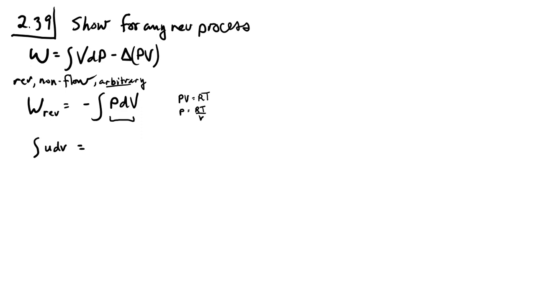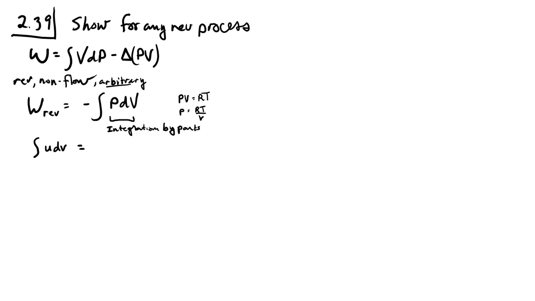And this was integration by parts. Because in this example, we have no idea what pressure is. We have no idea what volume is. So these are just arbitrary variables basically. Let's see what we get.